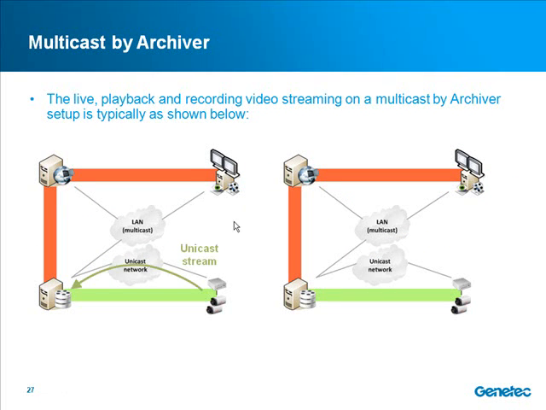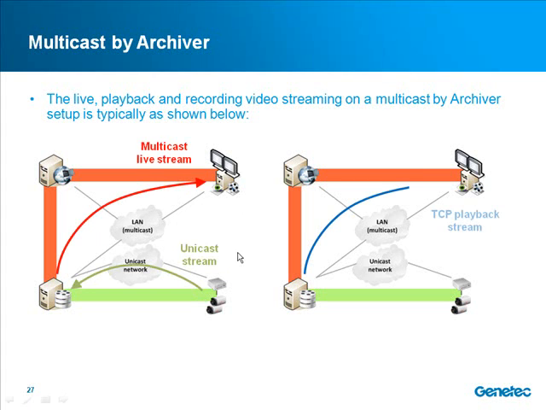We can see the Unicast video stream is going over the Unicast network from the video unit to the archiver, which is then sent directly to the client for live viewing via multicast. Looking at the playback stream on the right, since our connection between the client and the archiver is on a LAN and supports multicast, the TCP playback stream is going directly from the archiver to the archive player and other client applications.